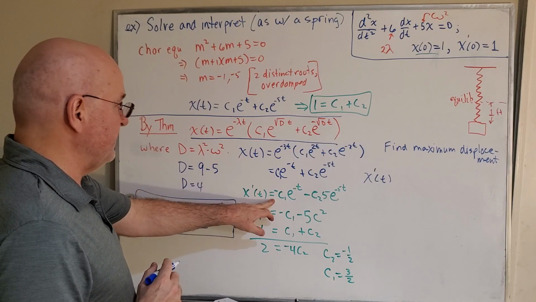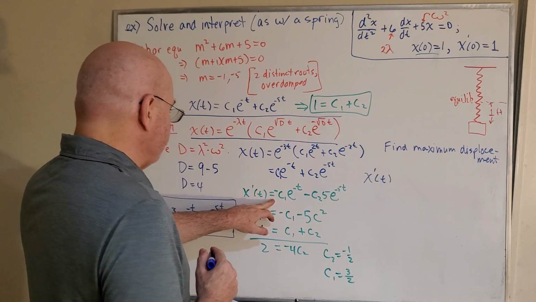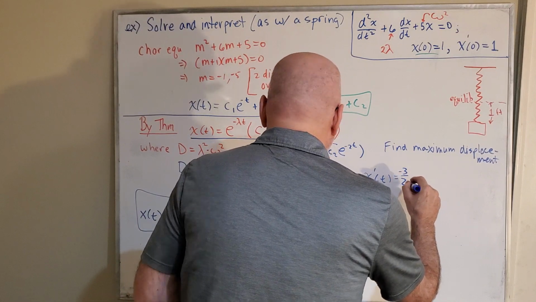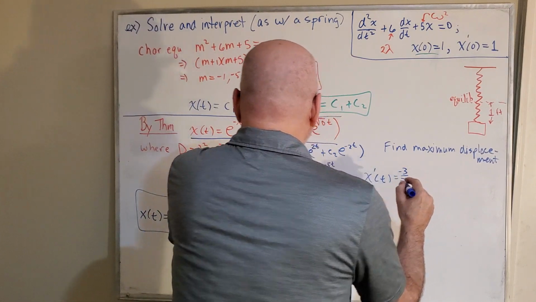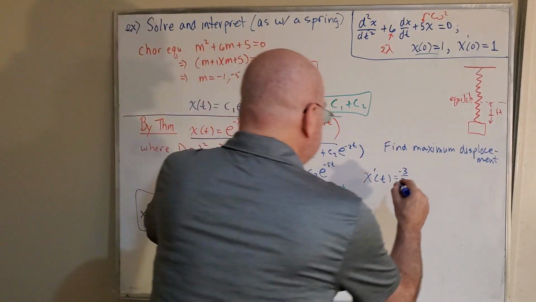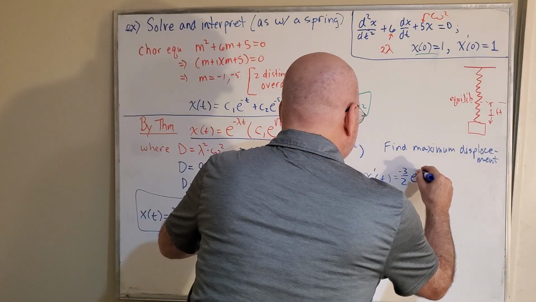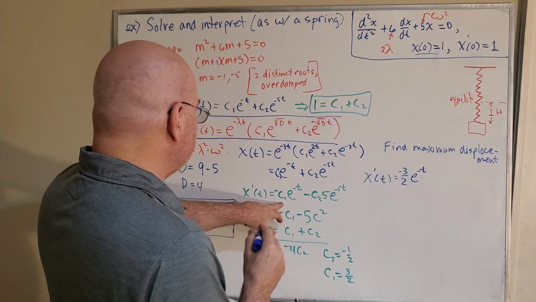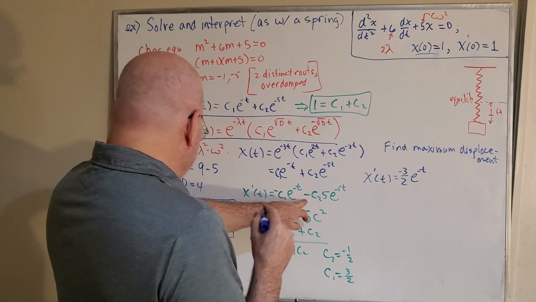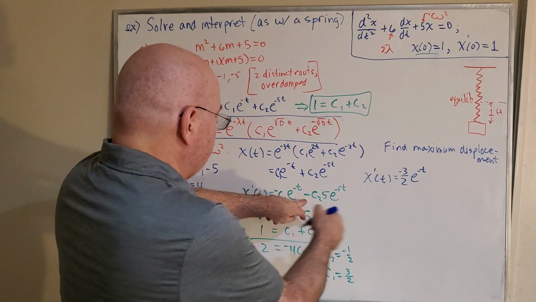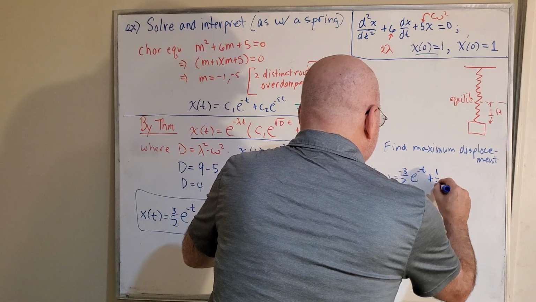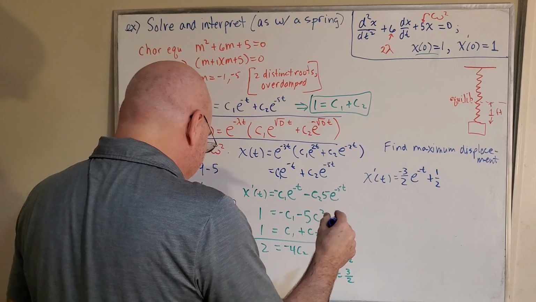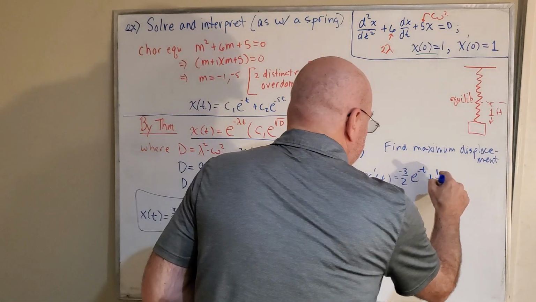So x prime of t is negative c1, which would be negative 3/2 e to the negative t, minus c2, which would actually be plus 1/2, times 5, e to the negative 5t. So I'm going to make that a 5/2.